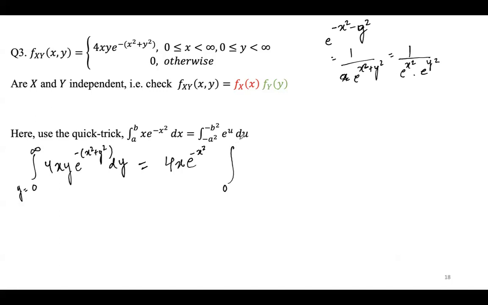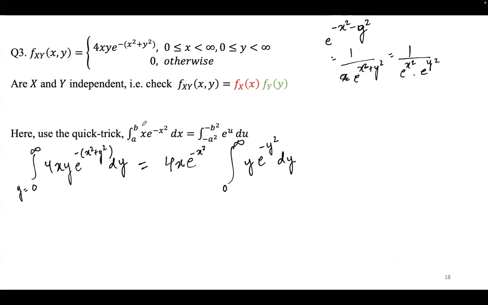Now you integrate from 0 to infinity y e to the power minus y square dy. This is what your integration is. Now I have a certain trick written here. Otherwise, it becomes very complicated to solve. So the trick here is when it's x e to the power minus x square dx, or y, x or y, same thing.